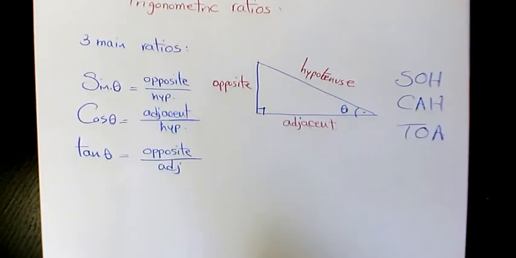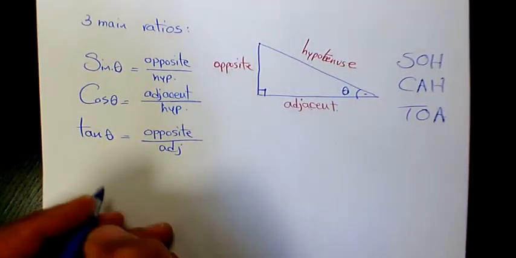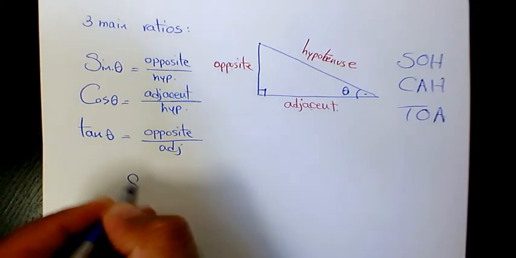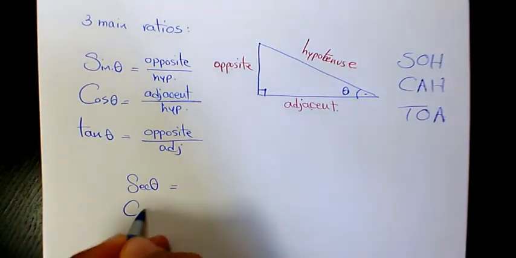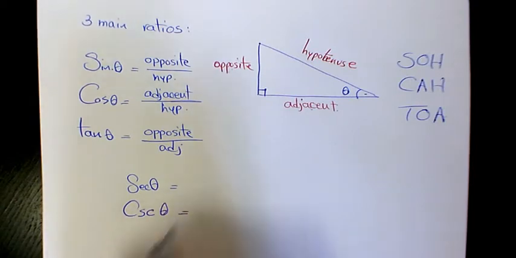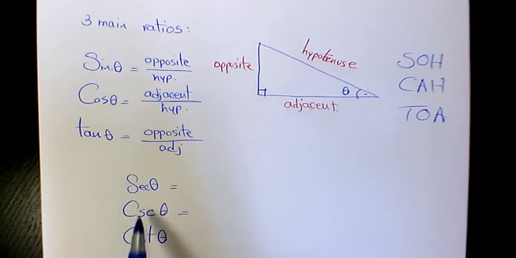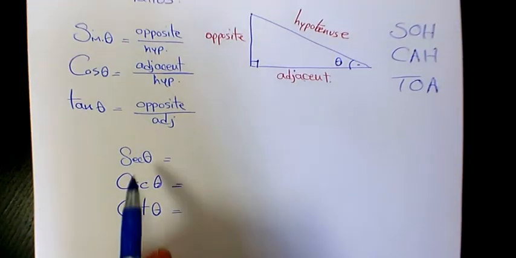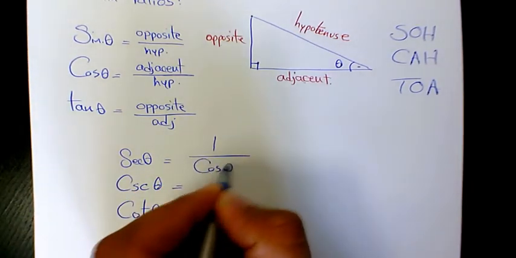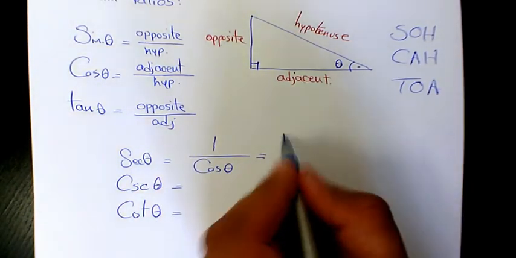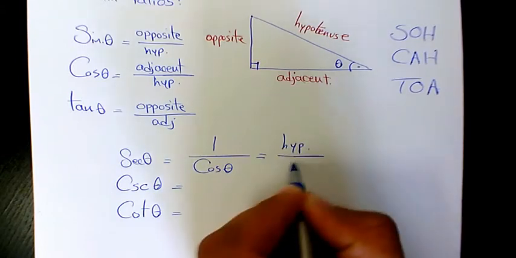We have three more formulas, which are secant, cosecant, and cotangent theta. Secant is the inverse of cosine, which is going to be hypotenuse over adjacent.